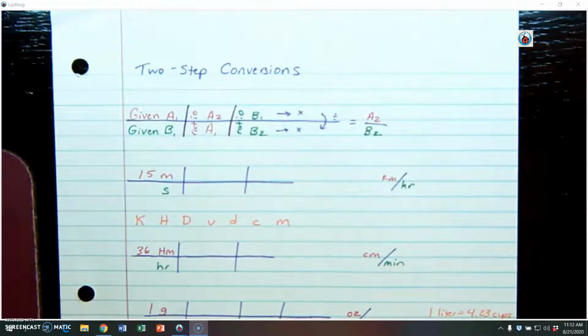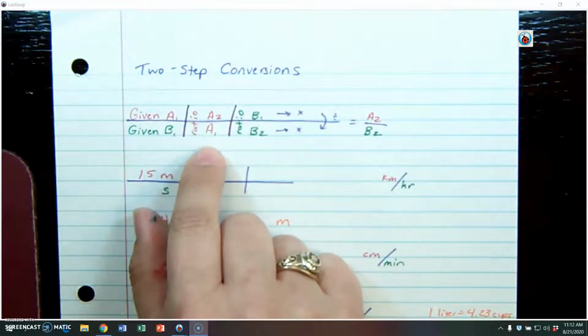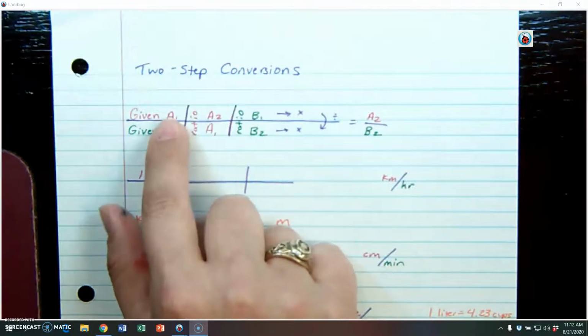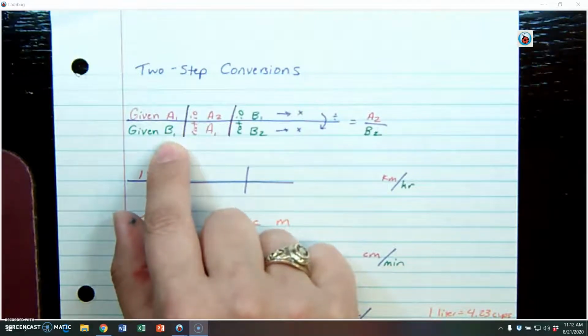So when you do multiple steps in a conversion, I like to use the little T-chart to help us stay organized. So let's say we've got two different units that we're using, Unit A and Unit B, and we want to convert both of those units to something new.